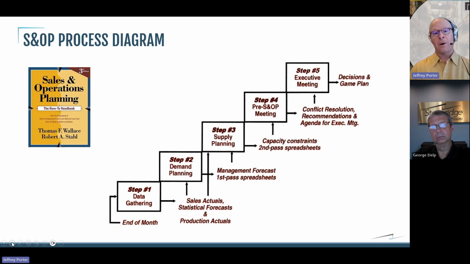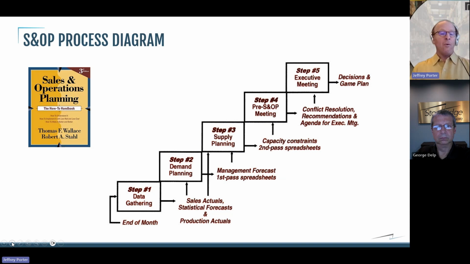So in this sales and operations planning process, oftentimes the minimum horizon that I typically see is around 1 year, but oftentimes it's 18 months to 2 years is how we're operating. So step number 3 is supply planning.